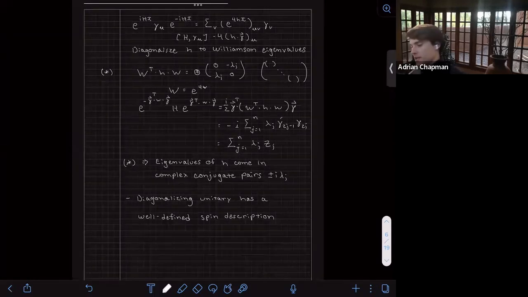And the reason for that is that, while I've said that e to the gamma contracting the matrix W can be found in terms of the Majorana modes, it may not be obvious how to go back into the spin picture for this object.